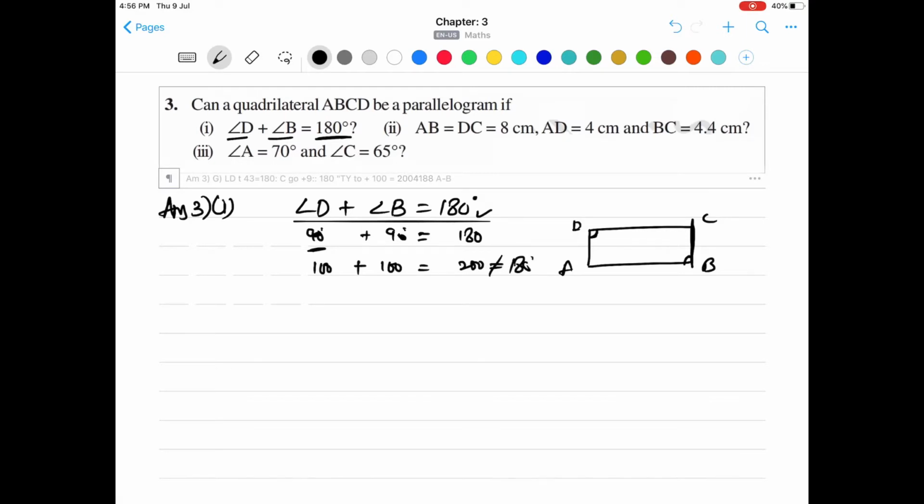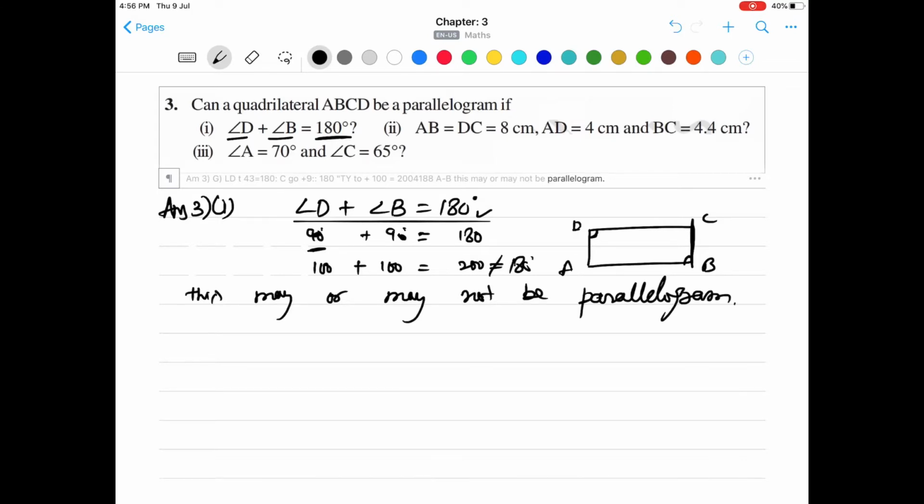So the answer for this one is, this may or may not be a parallelogram.